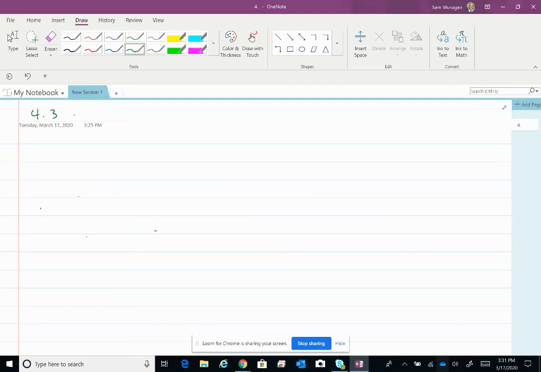4.3, which is adding and subtracting rational expressions. Adding and subtracting rational expressions.